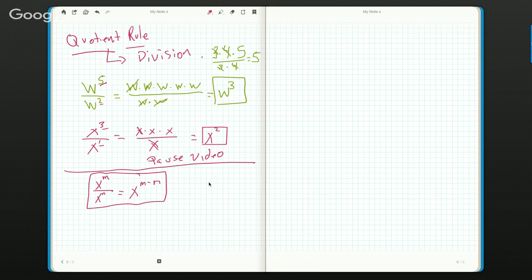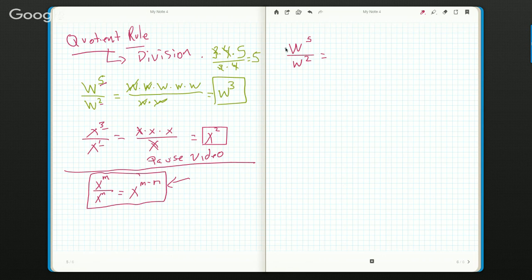Now, I prefer, at least for the unit that you're doing right now, you're not going to use this rule, but we're going to use the longhand version. Let me show you a short longhand version of this. Let's solve this the way that you're going to need to do it on the homework. The idea here is, you know that there's more w's on top than there are on the bottom.